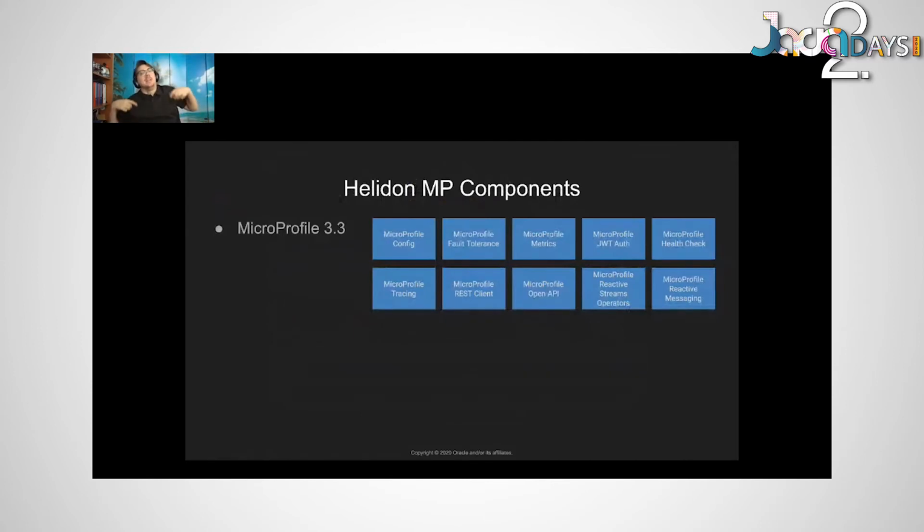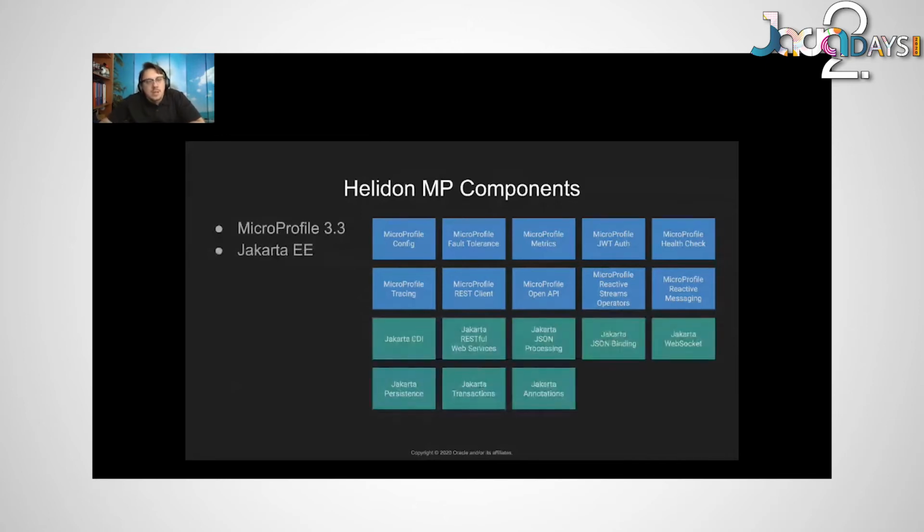Now, what Helidon does support out of the box is all of those specifications. So as you see, there's MicroProfile, tracing, health checks, and messaging. And moreover, we just took the ready specifications from Jakarta, like Jakarta CDI, binding, WebSockets, and persistence, as well as transactions annotations.